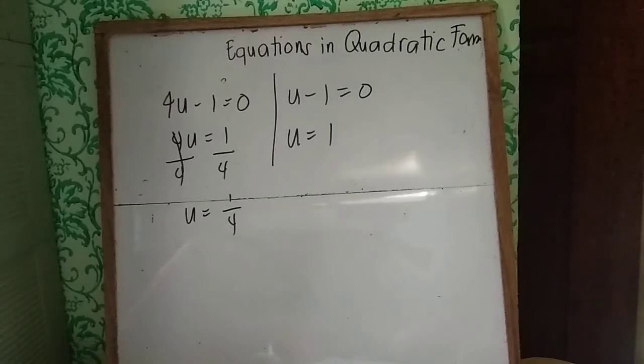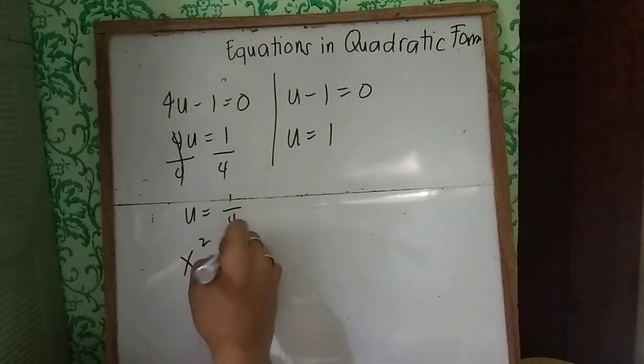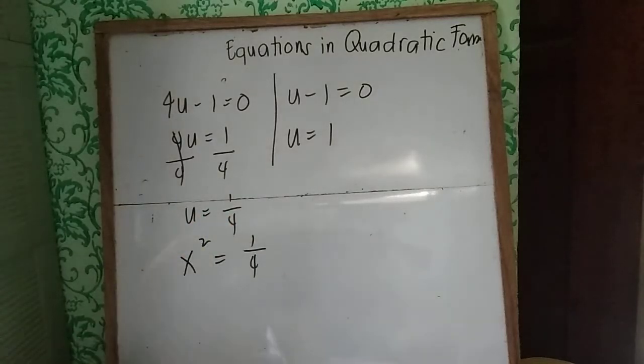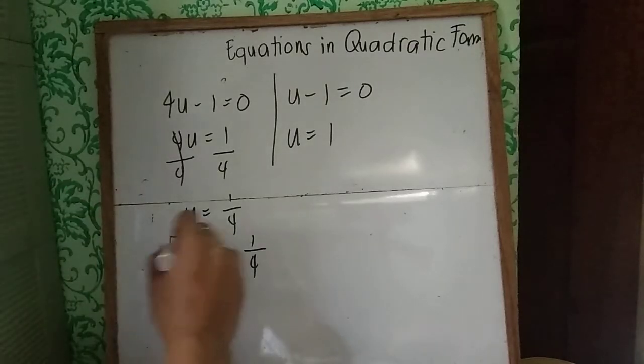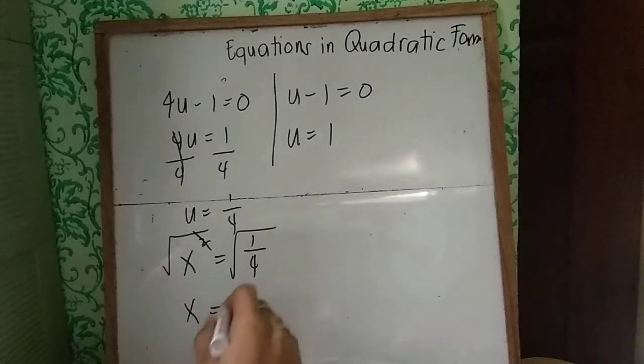Okay, now we will replace u by x squared. Remember, we let u as x squared. So we replace u with x squared, so it will become x squared is equal to 1/4. Now extracting the square root, multiply both sides by square root, so x is equal to the square root of 1/4, which is positive negative 1/2.